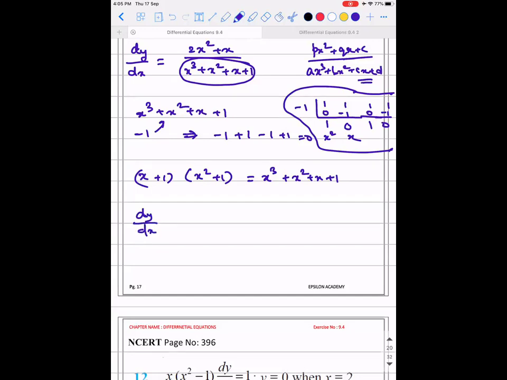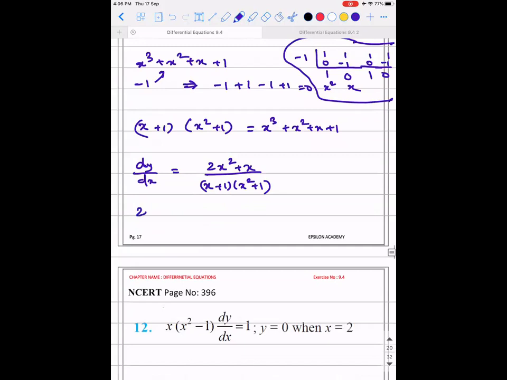So dy by dx is equal to 2x square plus x divided by x plus 1 into x square plus 1. So what can we do here? This can be written as A by x plus 1 plus something by x square plus 1.